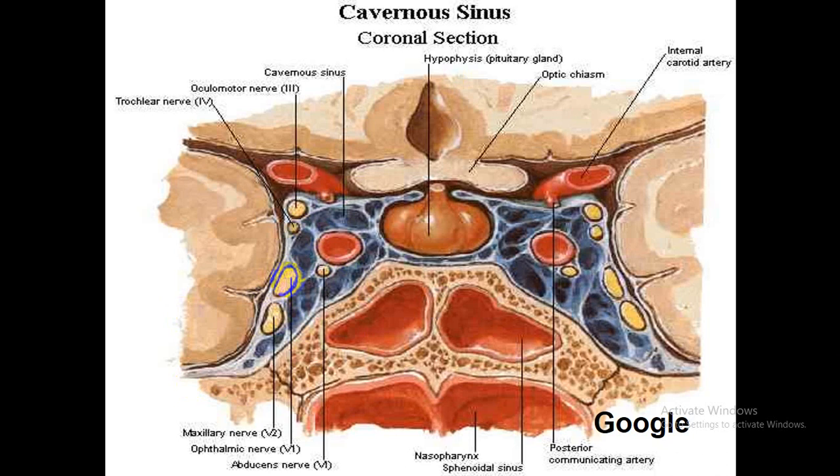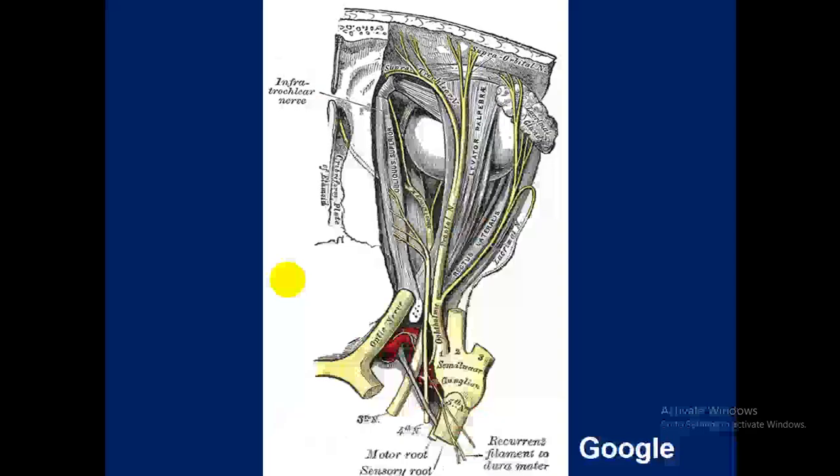Before reaching the superior orbital fissure it divides into 3 branches. The one going forward we call frontal, the one going laterally we call lacrimal, and the one going medially we call nasociliary nerve.